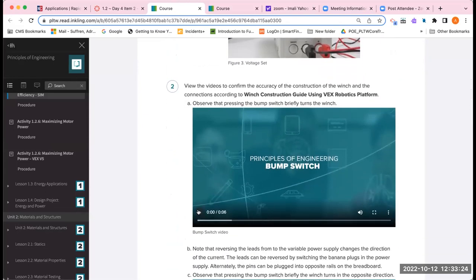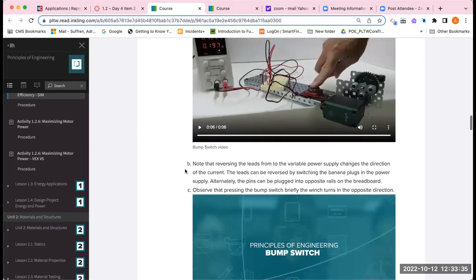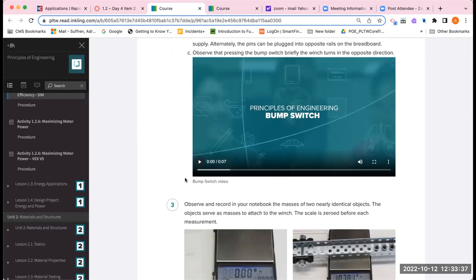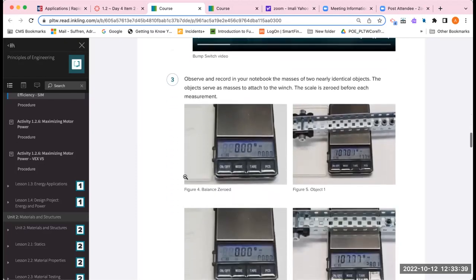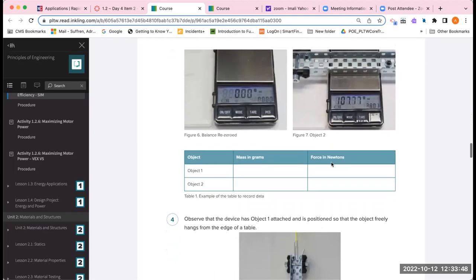Watch the videos, and observe the object and the weight. Then you're going to jot all of this down in your engineering notebooks.